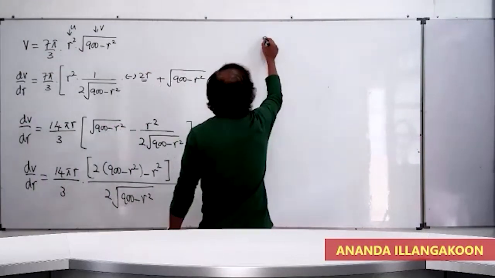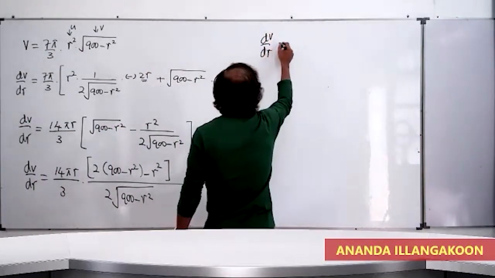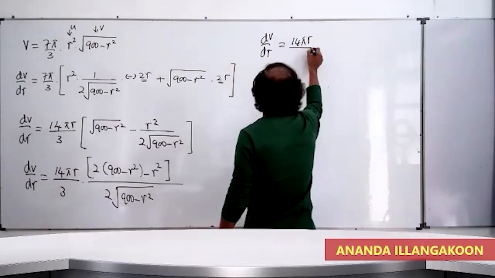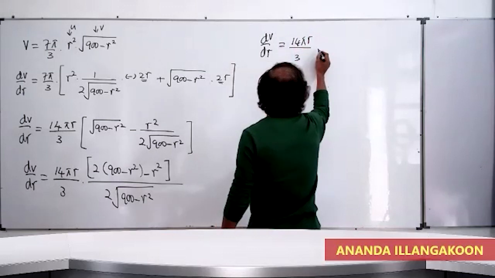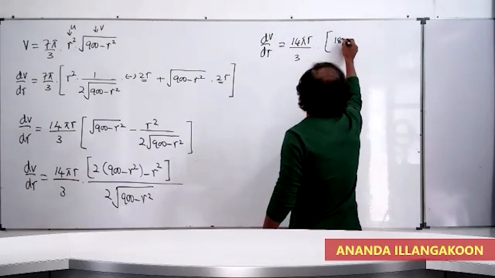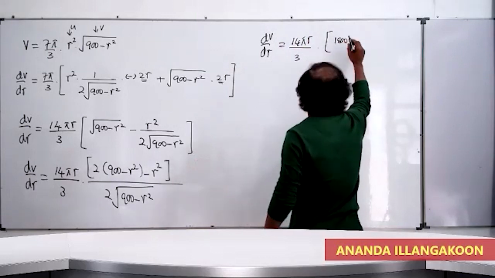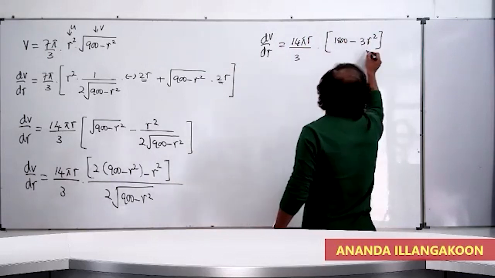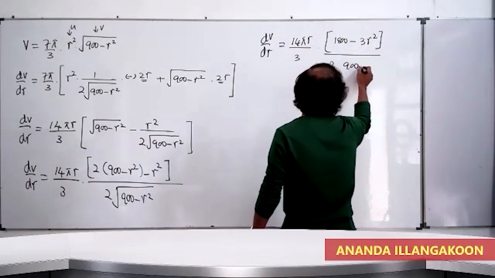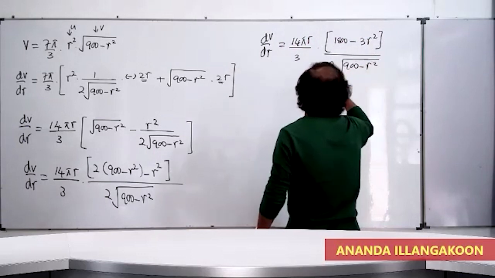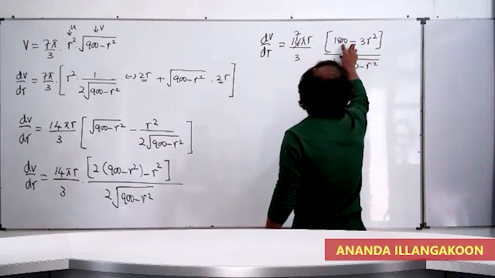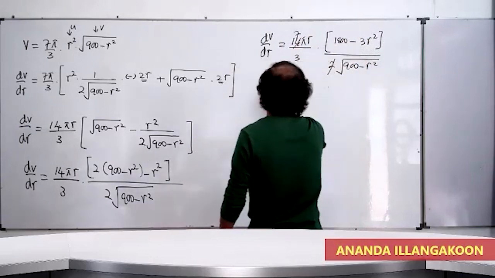dv by dr is equal to 14 pi r divided by 3, times 2 into 900 is 1800 minus 3r squared, divided by this. Here you can take 3 out and cancel it with this 3.